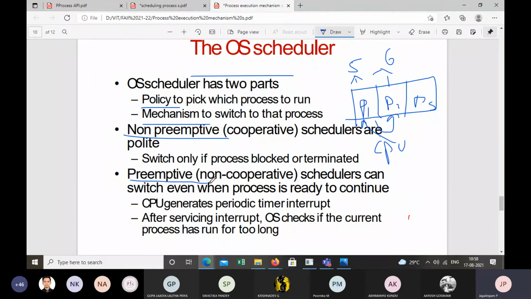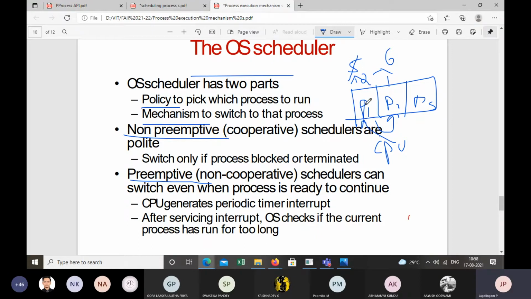But in the case of a preemptive scheduler, the total execution time for the process P1 is 5 milliseconds. In the case of preemptive, the process P1 may execute for 2 milliseconds and wait for the remaining 3 milliseconds.